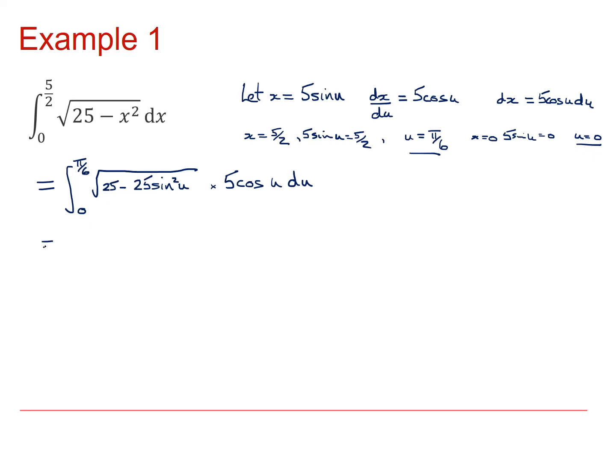So that's going to be the integral between 0 and pi by 6 of 5 root 1 minus sine squared, times 5 cos u du.